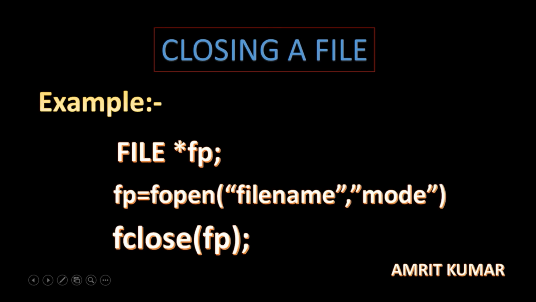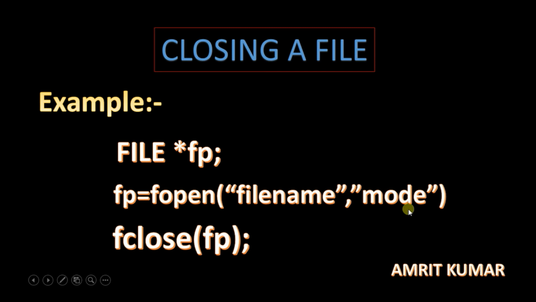Now I am going to elaborate with an example here. This is a file pointer because it is a pointer which is of type FILE. After the declaration of this file pointer I am opening the file with the help of the fopen function, and in it I am writing the file name and the mode related to it.